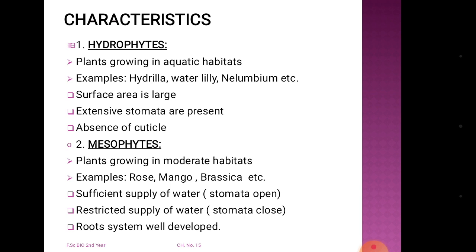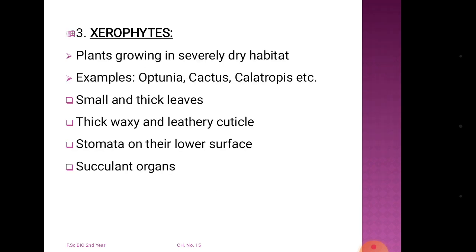In the case of a restricted supply of water, their stomata can close. In this way, they can retain the water and adapt to the mesophytic condition. They have a very well developed root system so that they can absorb water from the root hairs. Leaves are also present with a cuticle so that they avoid extra transpiration, extra loss of water.